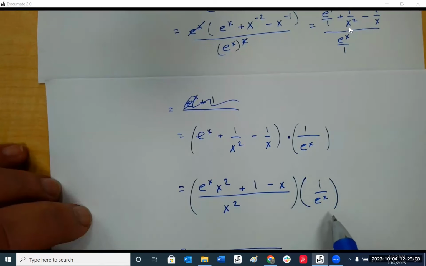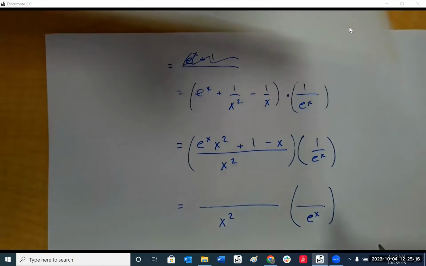Okay, and times that. We have x squared here, and e to the x here.